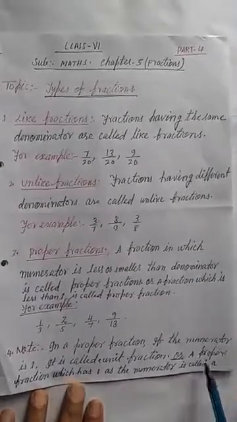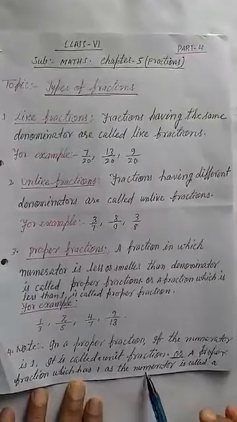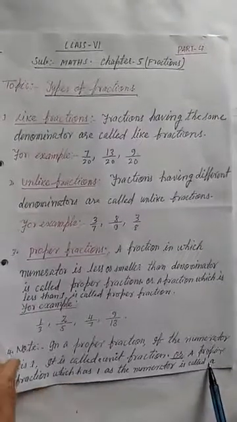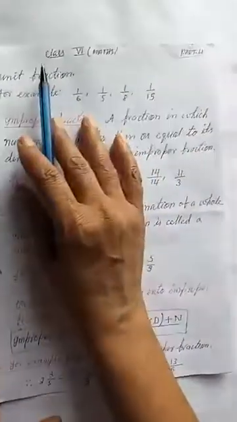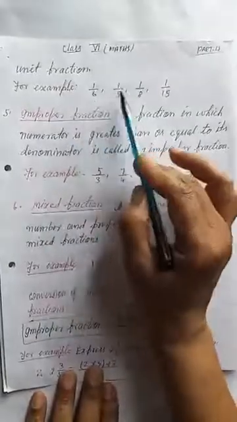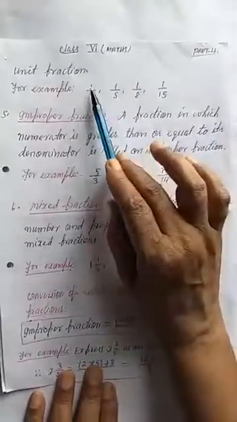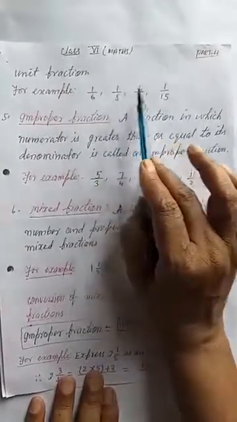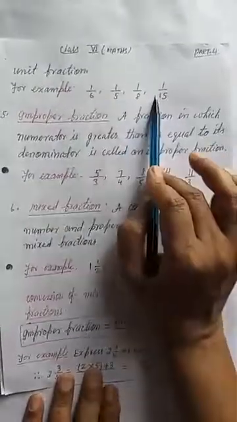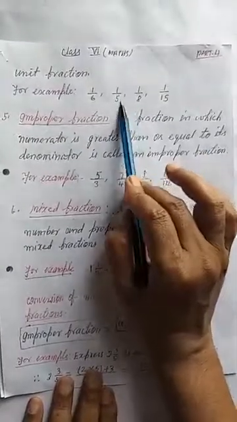We can also say a proper fraction which has 1 as the numerator is called a unit fraction. For example, 1 upon 6, 1 upon 5, 1 upon 8, 1 upon 15. Here the numerator is 1 in each fraction, but they are proper fractions. Keep it in mind, don't get confused.